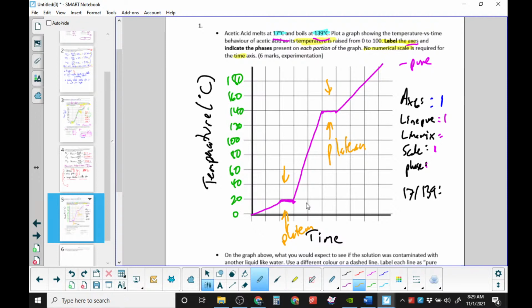So this is identical to the water graph that we drew in class when we went over pure substances. They do not change in temperature when you're increasing the temperature until all of the phase is gone.